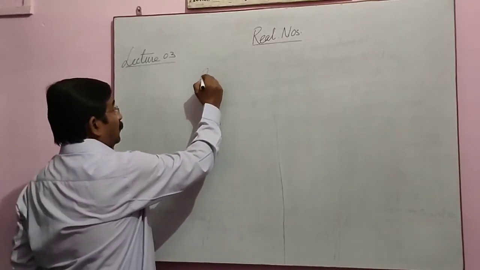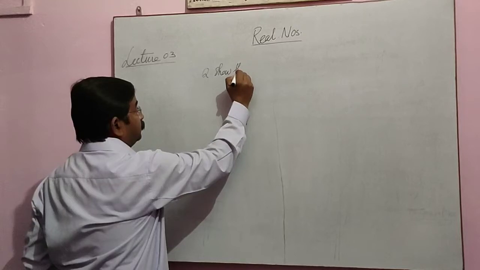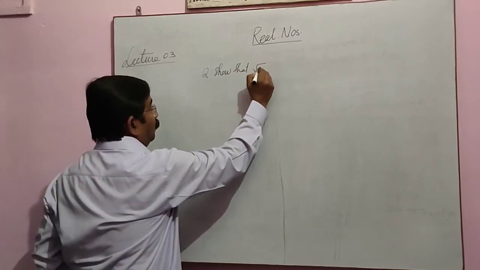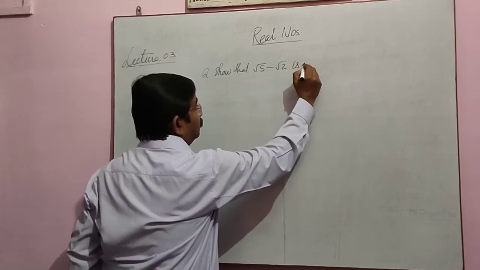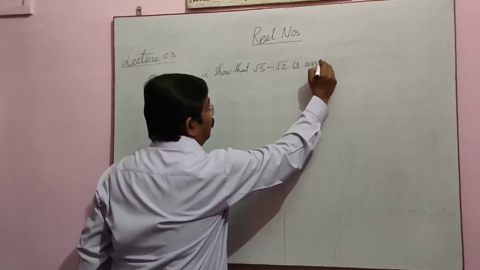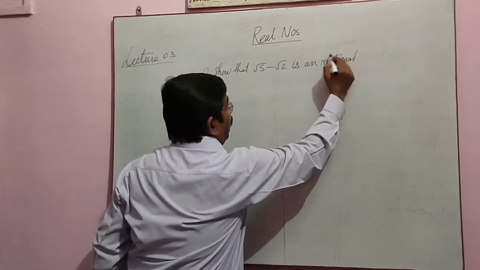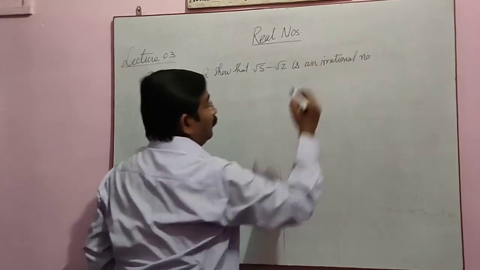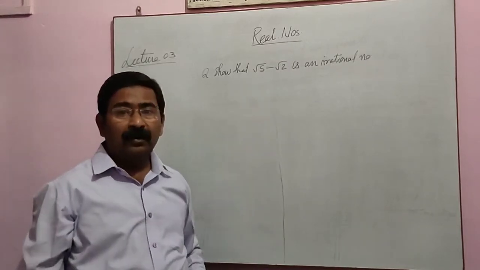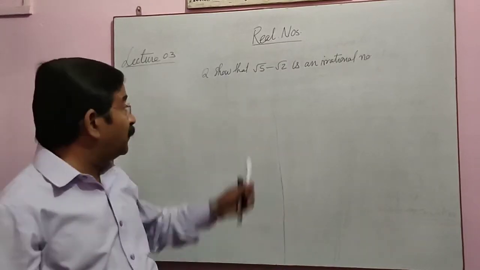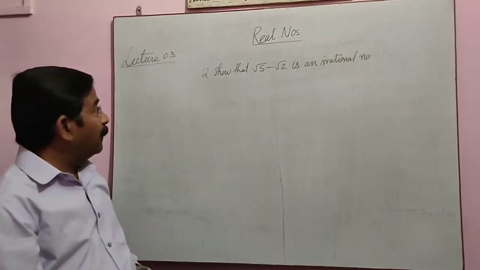The question is, show that under root 5 minus under root 2 is an irrational number. We have to show this. It may be plus also, the difference of two irrational numbers or the sum of two irrational numbers.